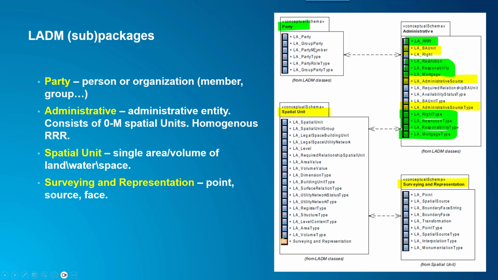So that's a party. Then you have the administrative entity. It consists of 0 to many spatial units, but I think the homogeneous, it has a homogeneous RRR. So this could be something like maybe a school district, for example. Everybody in that area can go to this specific school.